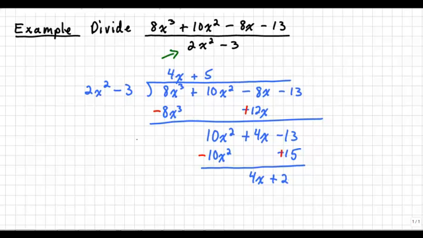Now, 2x squared goes into 4x how many times? Well, the degree of the divisor now is bigger than the degree of this term here, so we're done. This here is our quotient, so we're going to say that this is equal to 4x plus 5, and this here is our remainder.